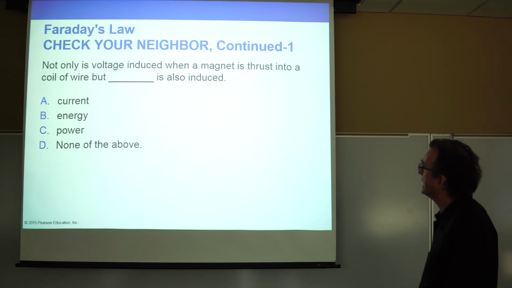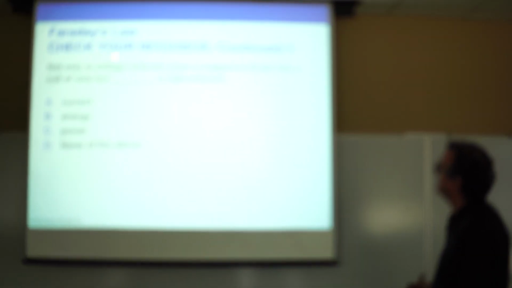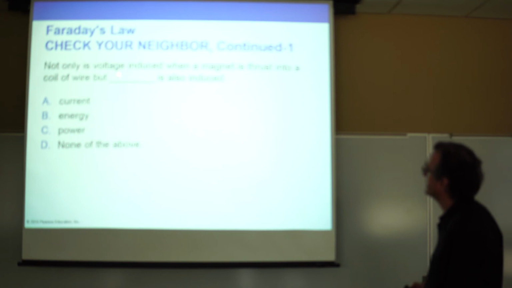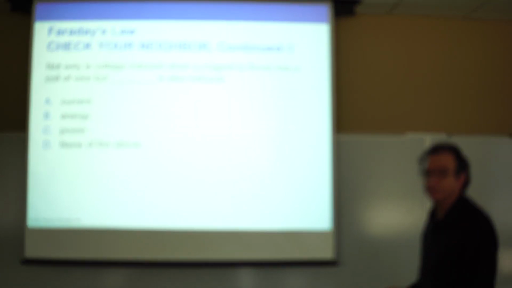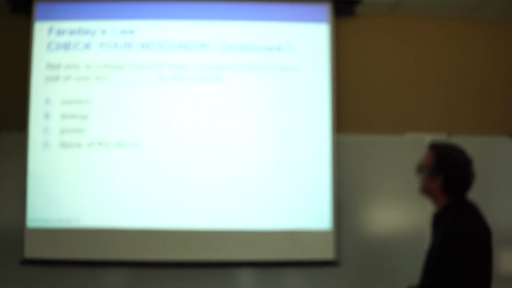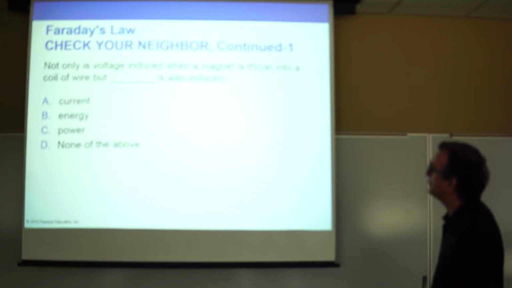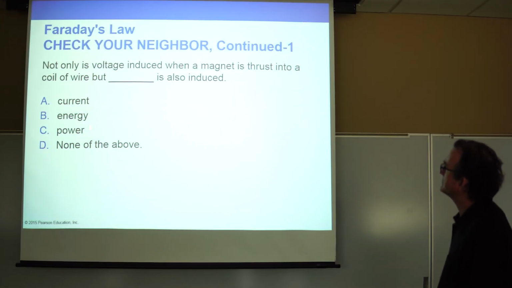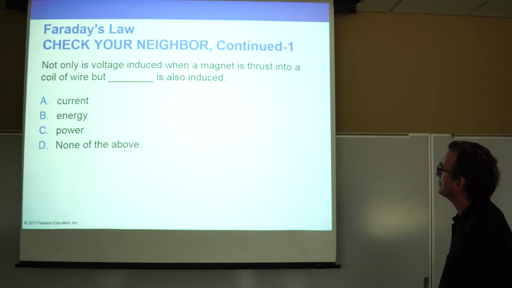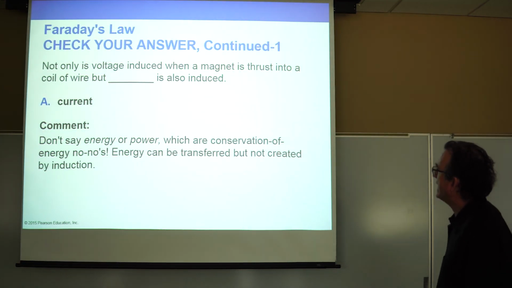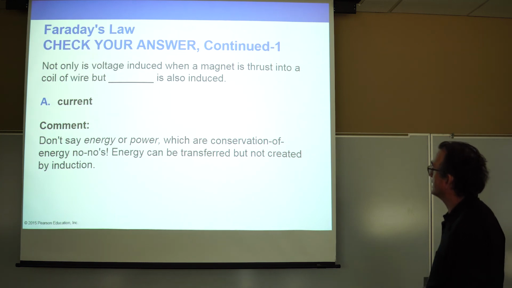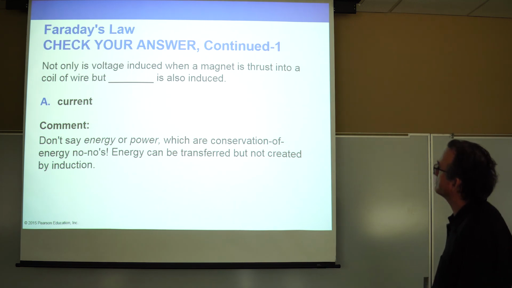We could have suspected that, of course, because anytime we induce a voltage across the ends of a wire, there will in fact be a current. And we know that from Ohm's law, that voltage equals current times the resistance of the wire. So certainly current is going to be induced. The commentary given by your author is that energy or power, which are conservation of energy, cannot be created because you have to supply the energy to induce this voltage.